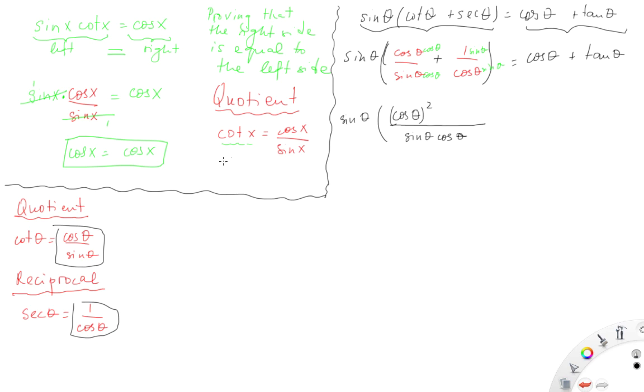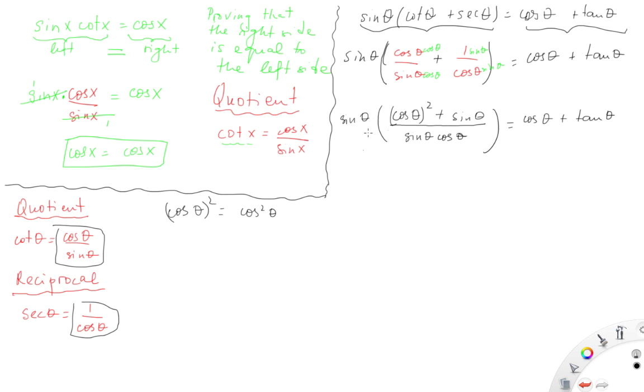I could write it like this, or I could also just write it like this. Okay, both are valid. Plus sine of theta equals, and I'm going to copy the right hand side.